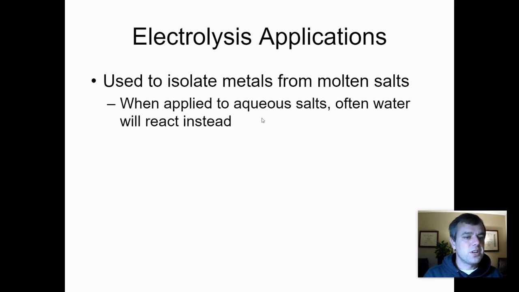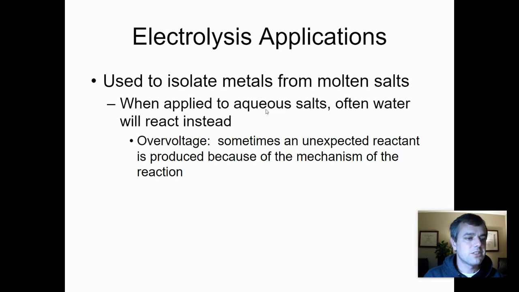If the salts are dissolved in water, water is very easily oxidized or reduced compared to the compounds and salts. So sometimes, instead of producing sodium and chlorine, you would produce hydrogen and oxygen by electrolyzing the water. But there is this thing called overvoltage, where sometimes you get an unexpected product because one of the reactions has a very high activation energy.